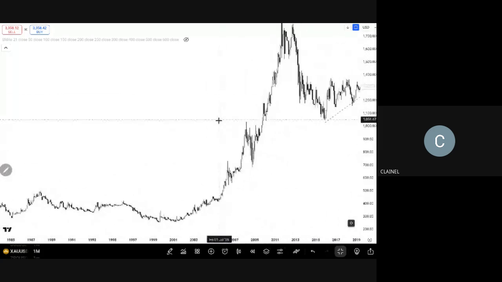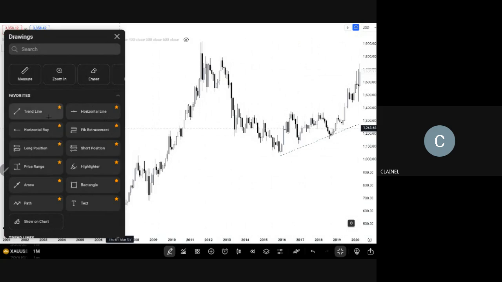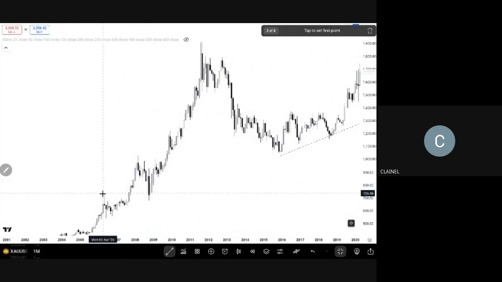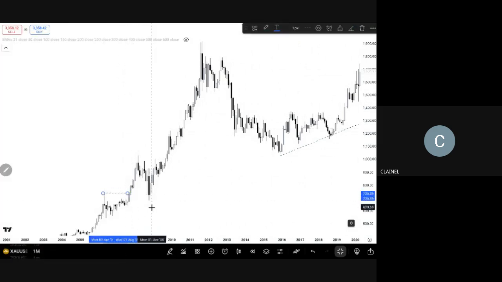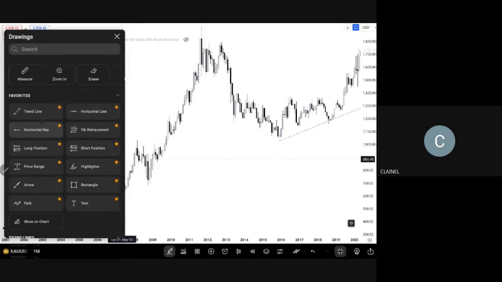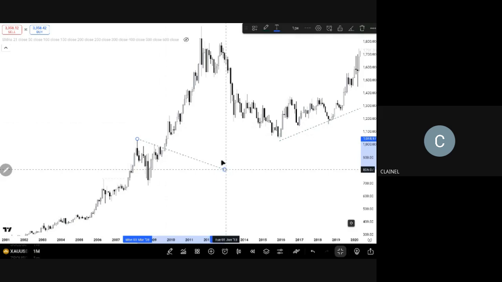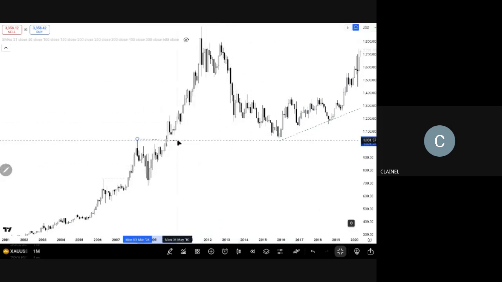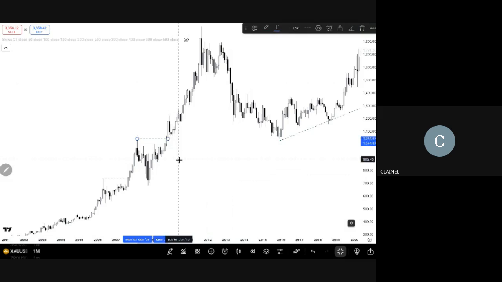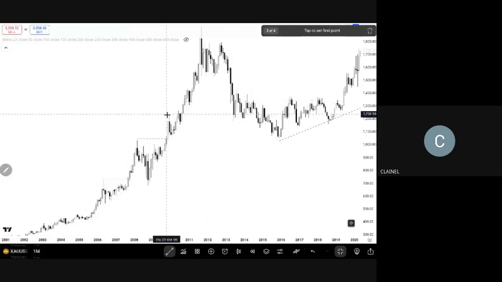Sorry about that. I just want to identify what you see in an uptrend. You see a break upward. That is your higher high, your higher highs breaking upward. That's your higher high, another higher high.